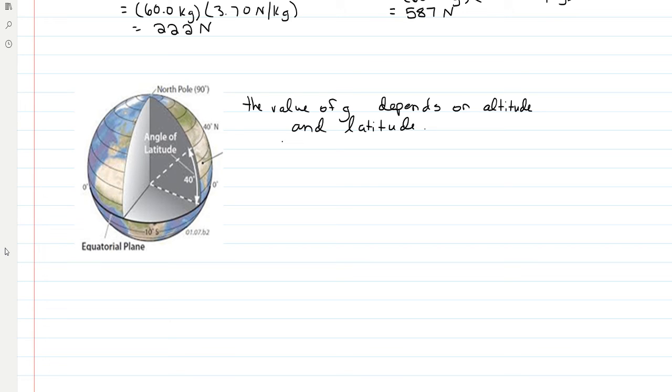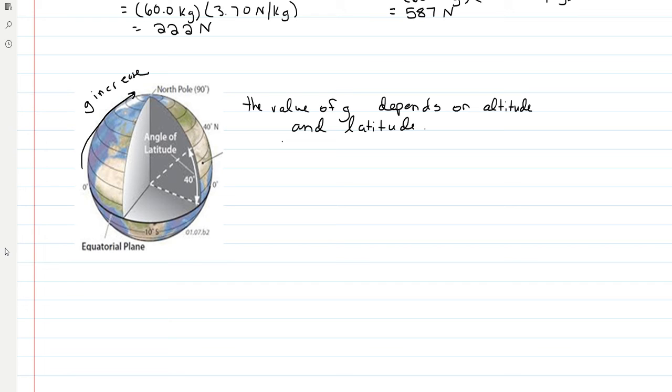So if you are towards the equatorial plane, you are going to experience less G, but the value of G increases as you move towards the poles. And this is because Earth is not a perfect sphere. It's slightly flatter at the poles and bulges slightly at the equator.